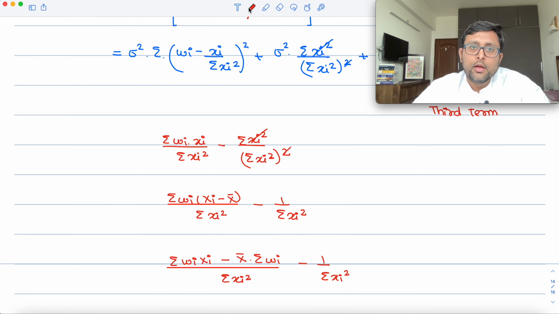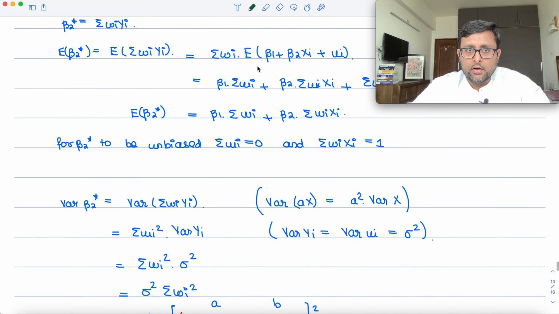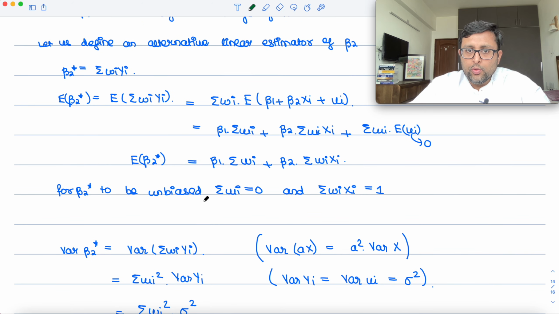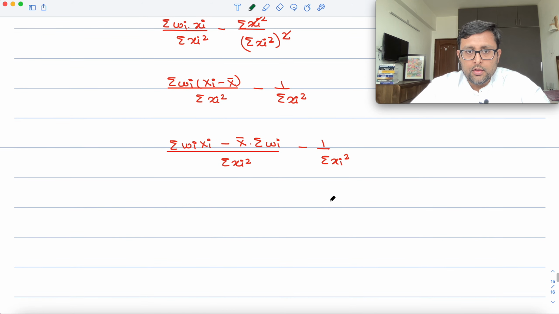You have just said here that summation of wi should be equal to 0 and summation of wi xi should be equal to 1. So this should be equal to 1 and this should be equal to 0. So what do you have now?